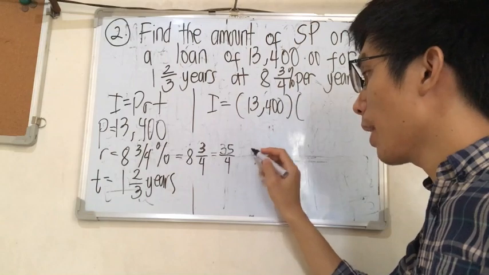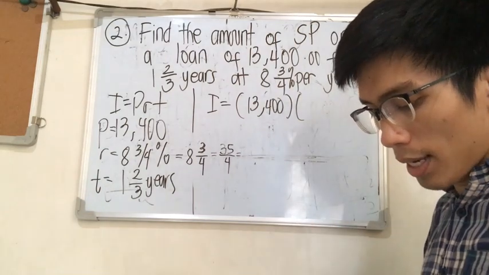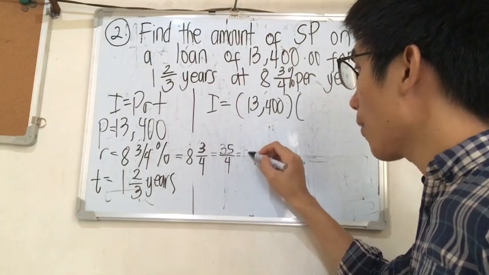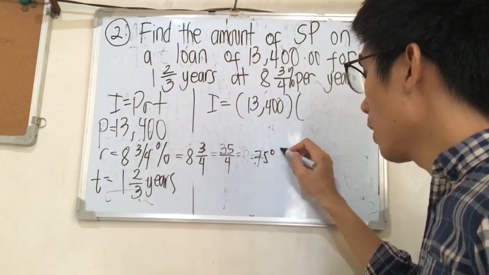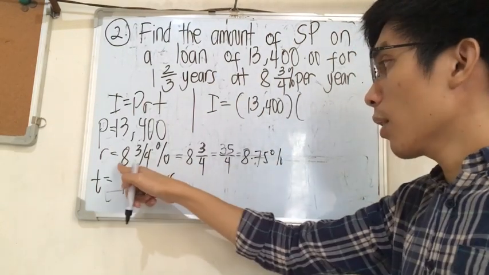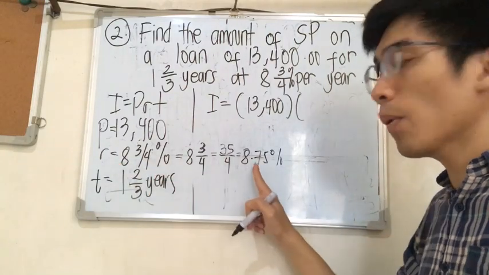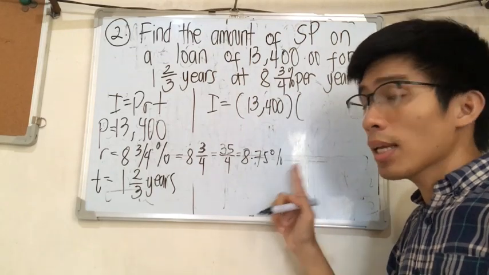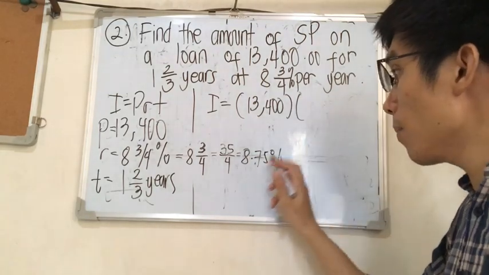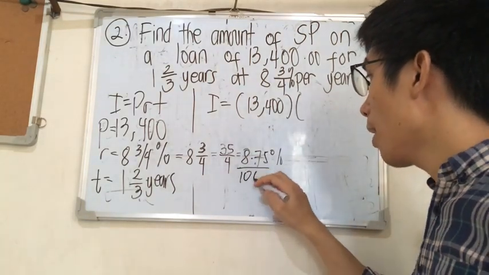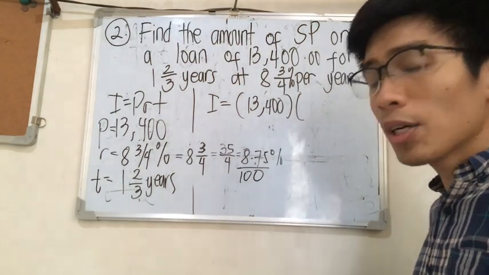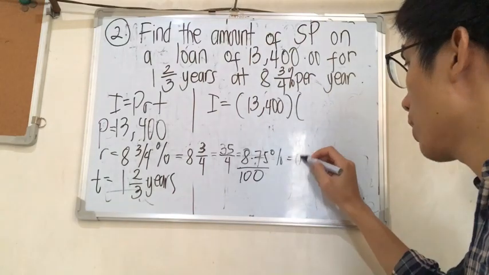Just copy the denominator and divide that. That is 35 divided by 4. That is 8.75. In short, 8 3/4% is equivalent to 8.75%. Since we need a decimal in our problem, we have to divide this one by 100. Divided by 100, that is 0.0875.